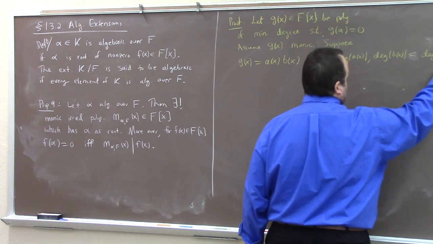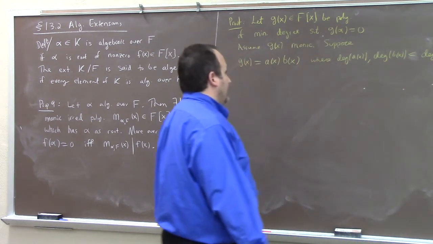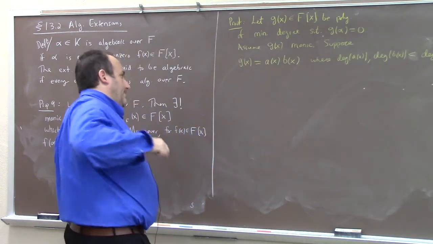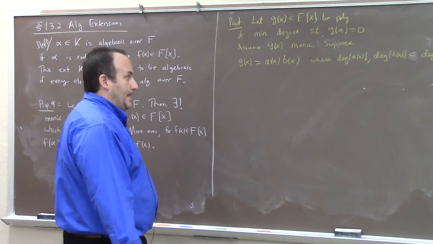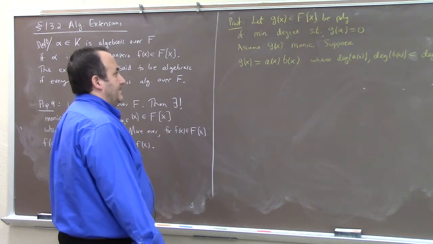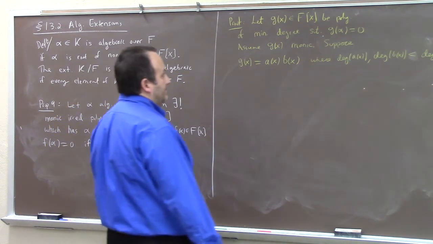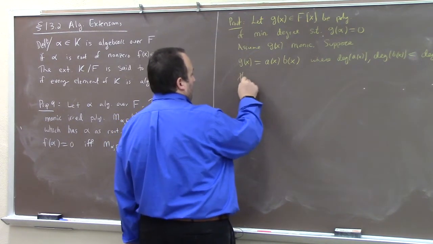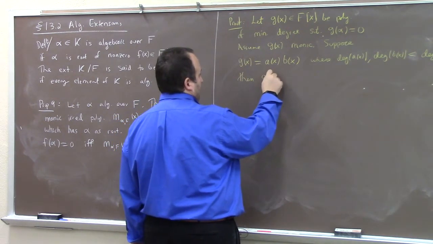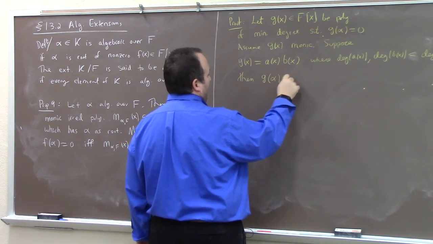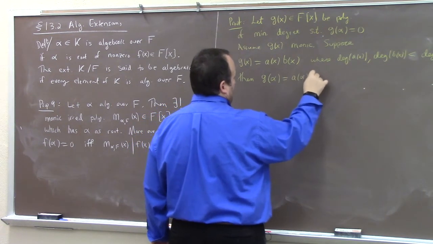Then g of alpha would be a of alpha times b of alpha.